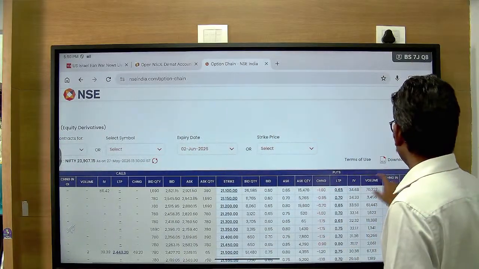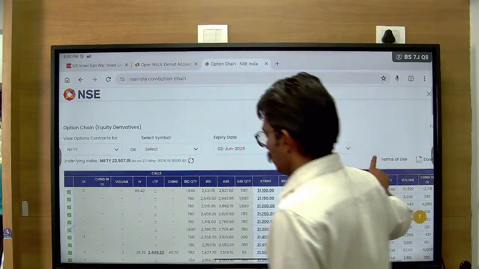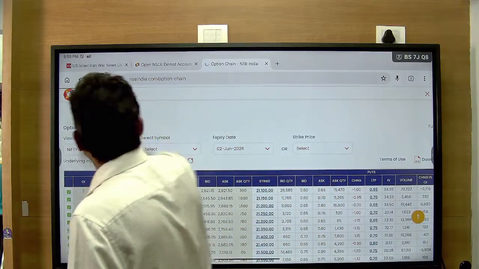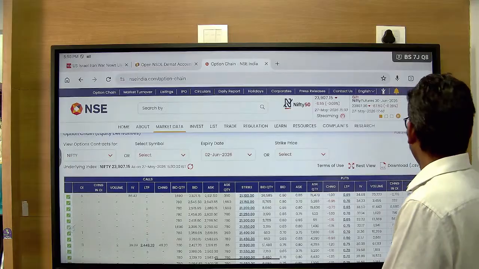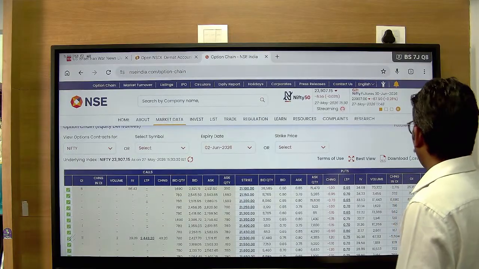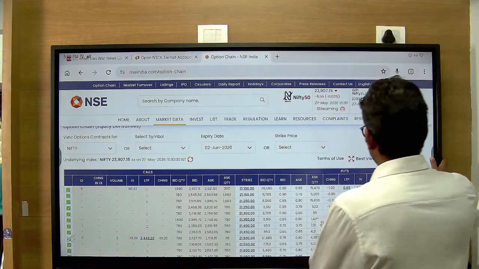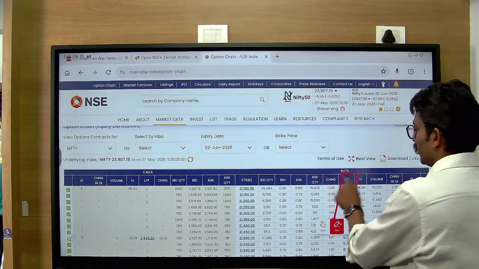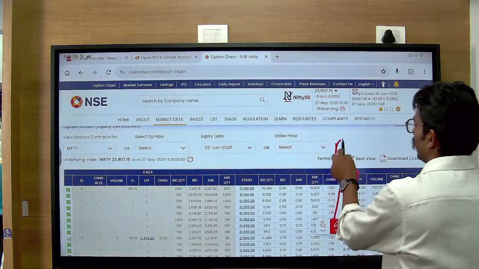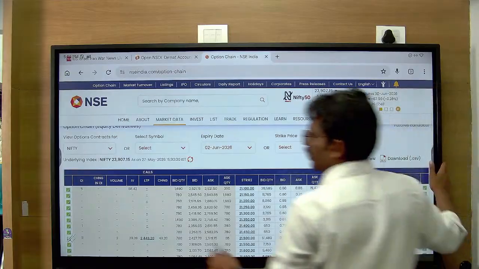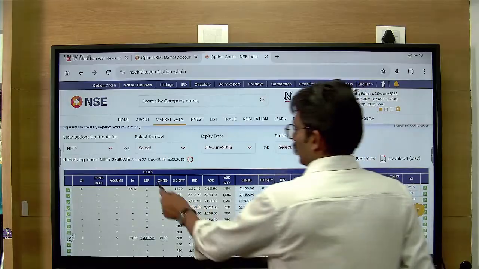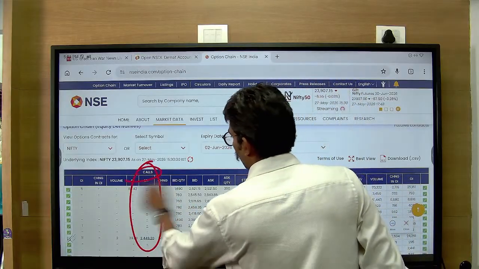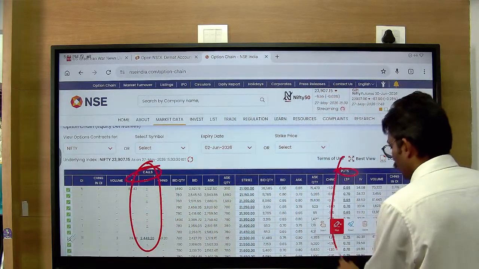Let me remove this. Can I just refresh this? Yes, I don't want this, so I can teach. So the prices, Jaydev, have been derived. This price that you see, this LTP column, is essentially the price of an instrument which is known as call, and the price of an instrument which is known as put.